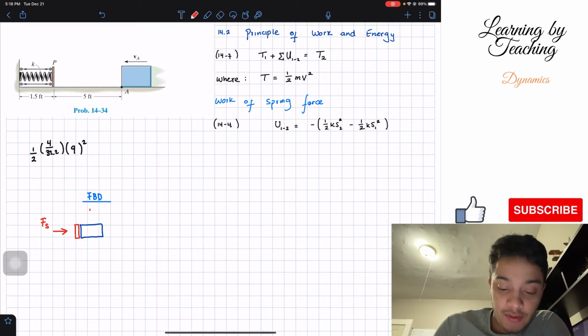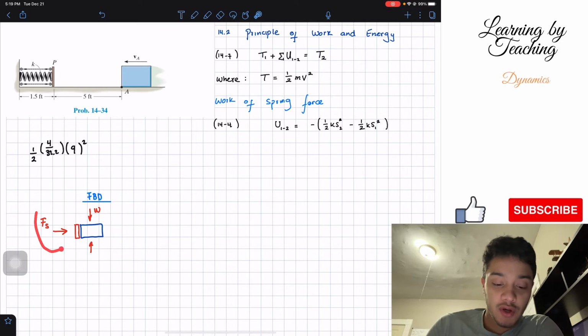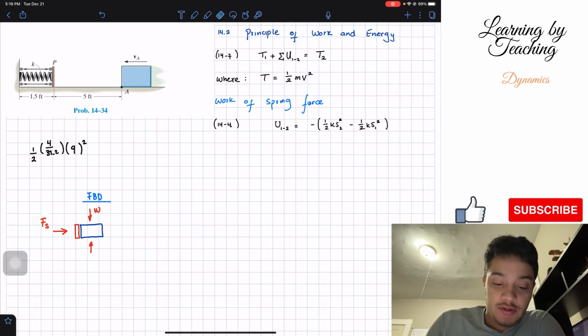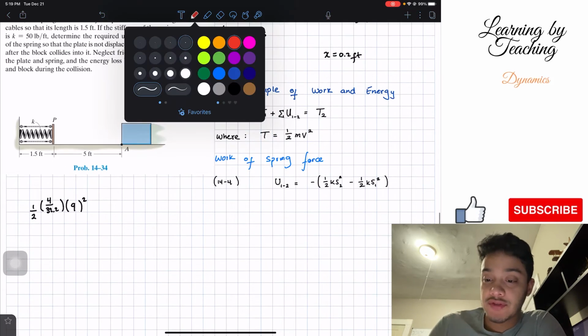We also have the weight and the normal force. However, we're not displacing in the vertical direction. The only thing that is producing work in this case is the force of my spring. So we're clear that we only need the force of the spring.